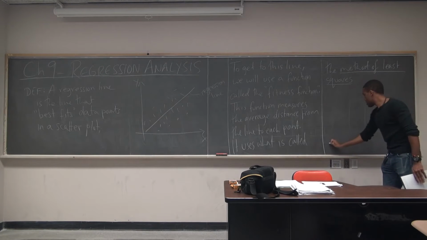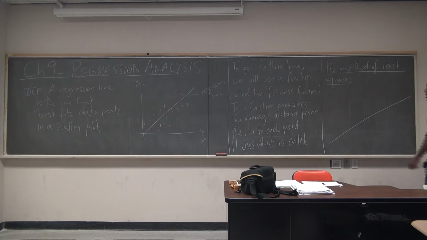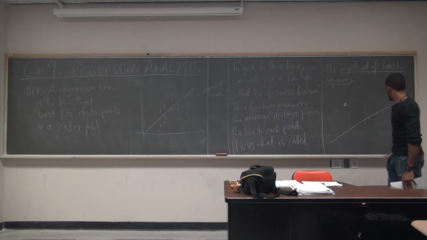So the idea is, here's my regression line. There are some random points. I'm just drawing 2.